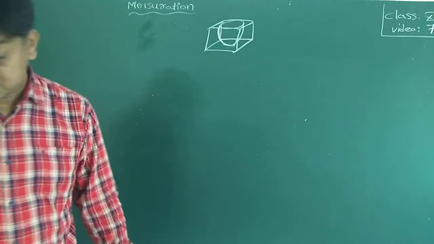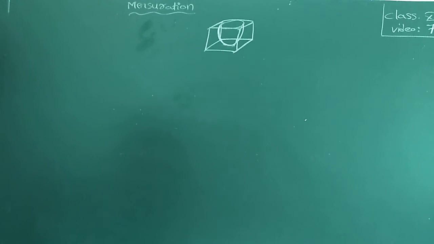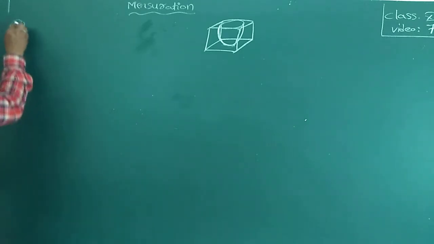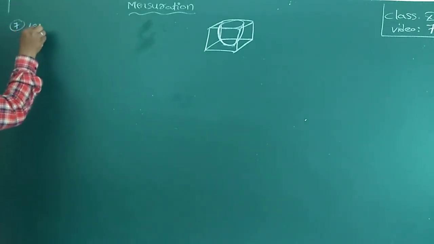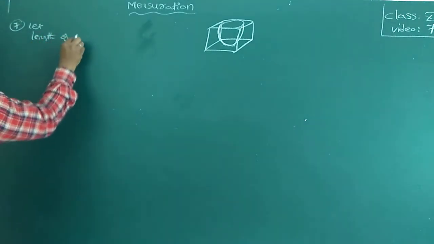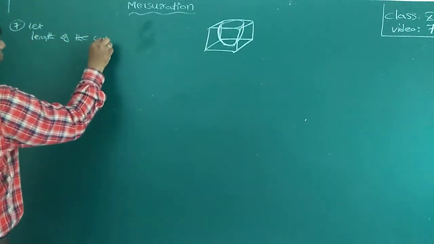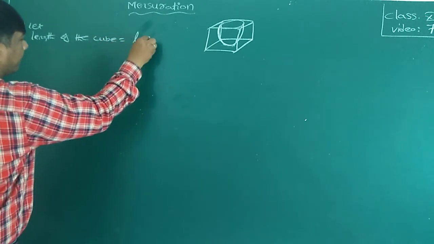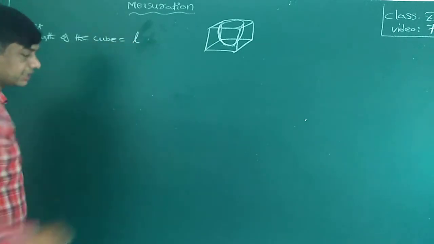A wooden block whose diameter is equal to the length of the cube. Let us suppose the length of the cube is equal to L units. Did they mention anything?